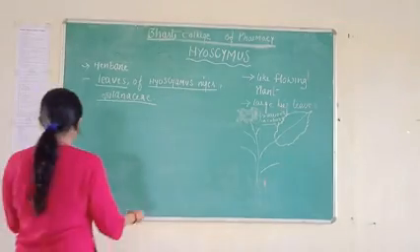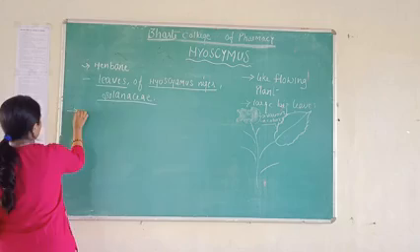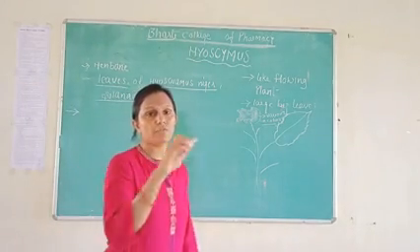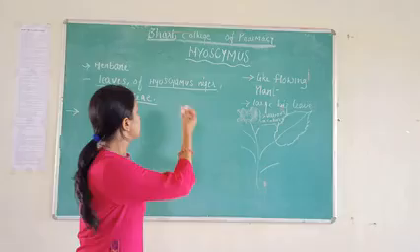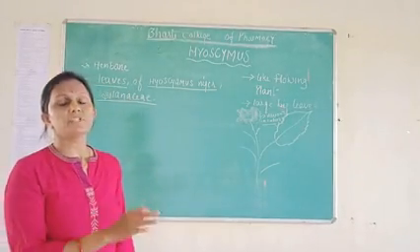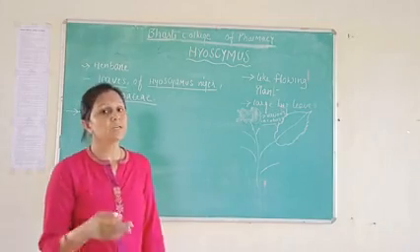Next we go through their geographical source. Geographical source means from where we collect Hyoscyamus, or which places Hyoscyamus is cultivated.